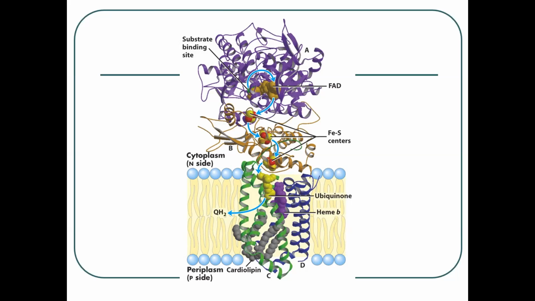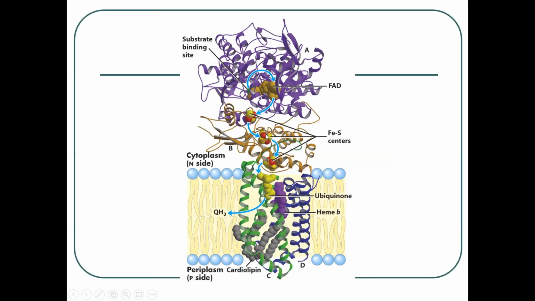So this is going to couple the oxidation of succinate on one side with the reduction of ubiquinone at another site about 40 angstroms away. You see the path of the electrons here. Here's the substrate binding site. The electrons go here to here to here, and then down to here, essentially.